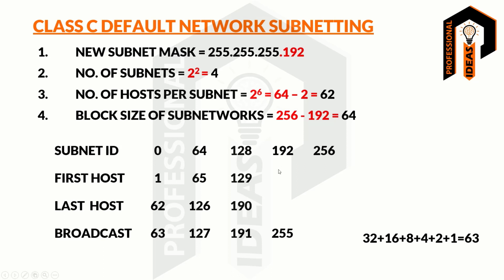And similarly, the first valid host for the 192 subnet will be 193 and the last valid host for the 192 subnet will be 254. As a result, we got 4 subnetworks 0, 64, 128 and 192 with 62 valid hosts each, and 63, 127, 191 and 255 as the broadcast addresses for the 0, 64, 128 and 192 subnets respectively.